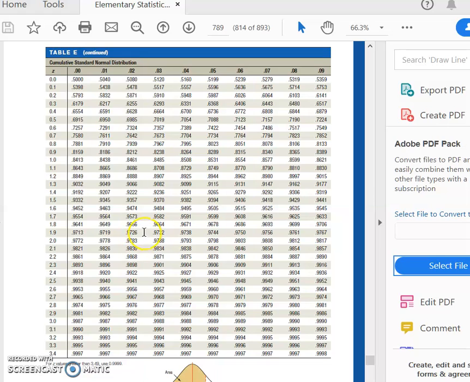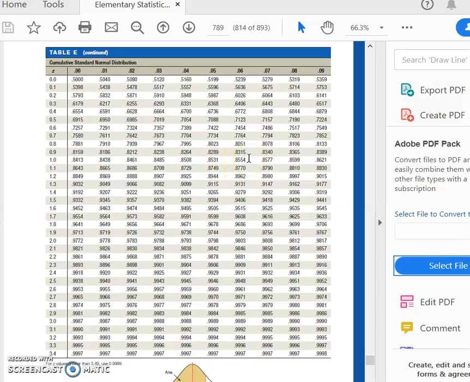Okay, so we just calculated that the z value, the so-called test value, is 1.06. So here's the table of the z values, the cumulative standard normal distribution, okay? So 1.0 is this row right here, then you come across until you get to right here. Boy, it's hard to see this.